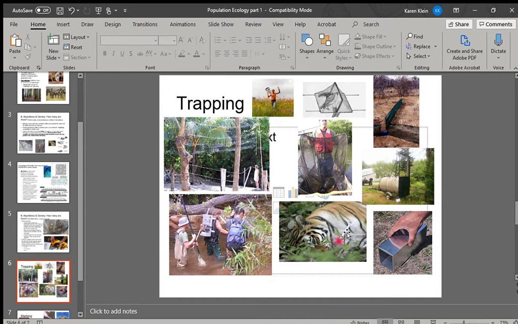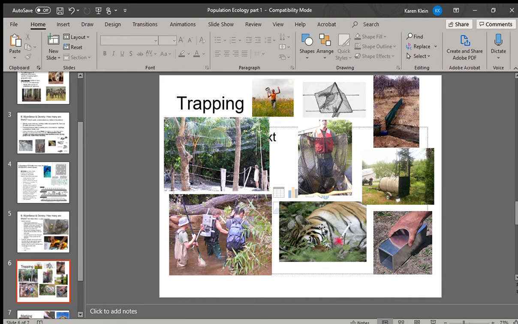You can even go as far as chemical restraint. Now, this is like big time types of trapping method. As you see, this tiger has a dart here that has anesthesia in it. When you're dealing with very large, dangerous animals, this is what you often have to resort to, that is, anesthetizing them some way.